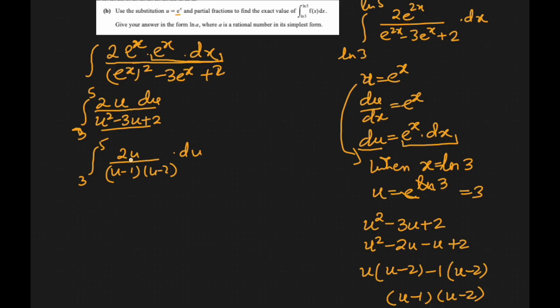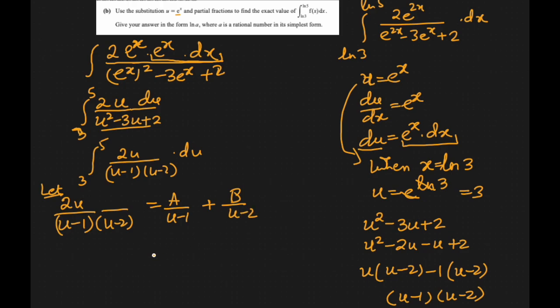Now the degree of numerator is less than degree of denominator. That means we can carry out partial fraction. So let 2u over u minus 1, u minus 2 equal A over u minus 1 plus B over u minus 2. Okay.